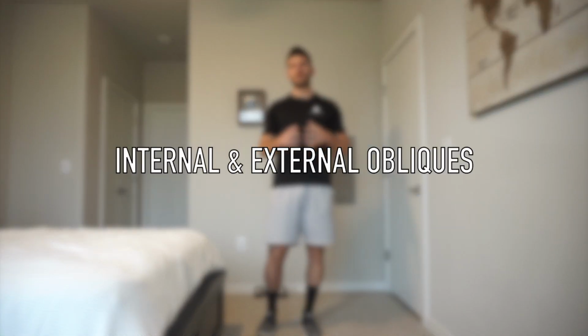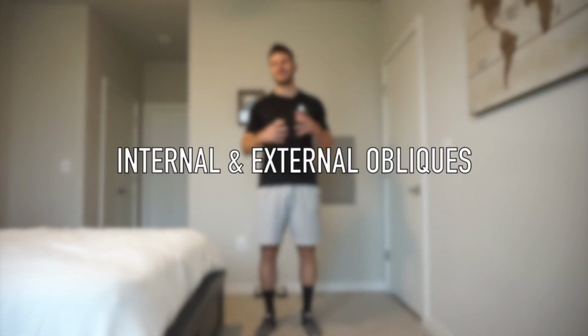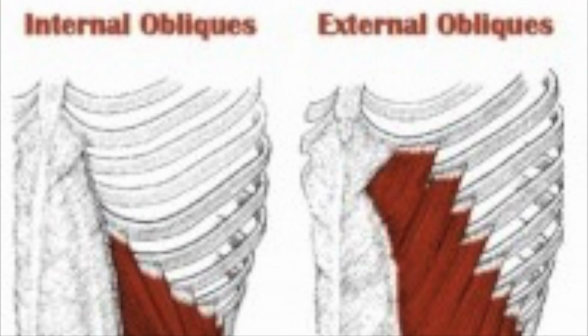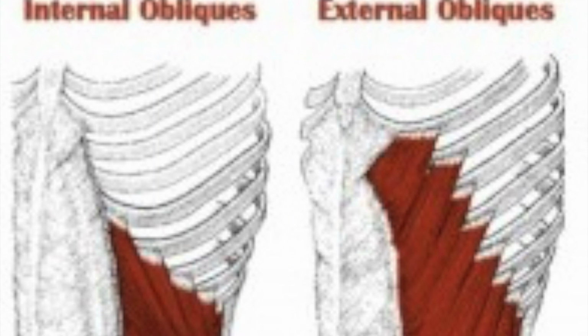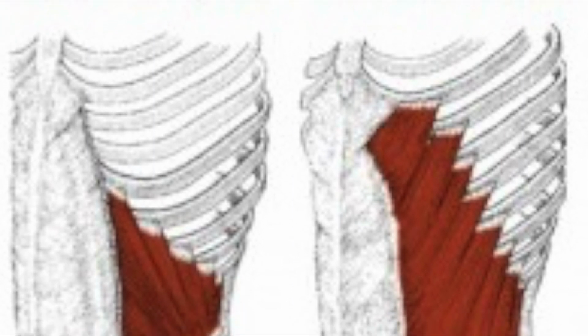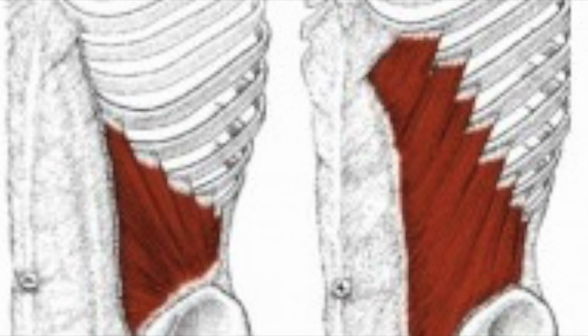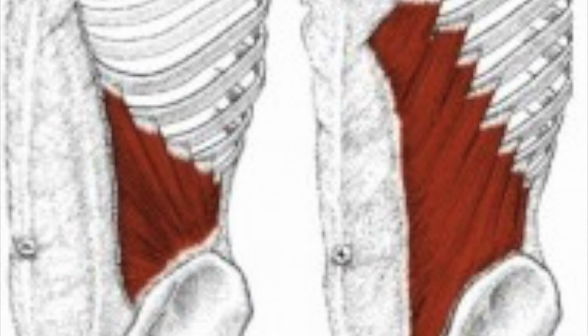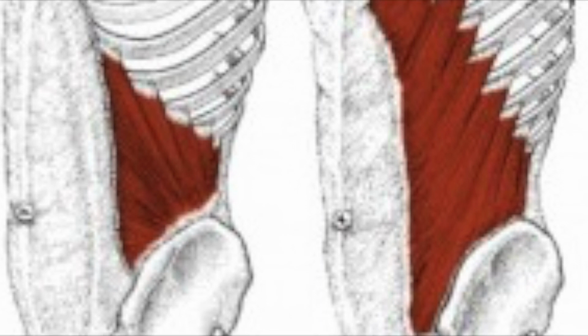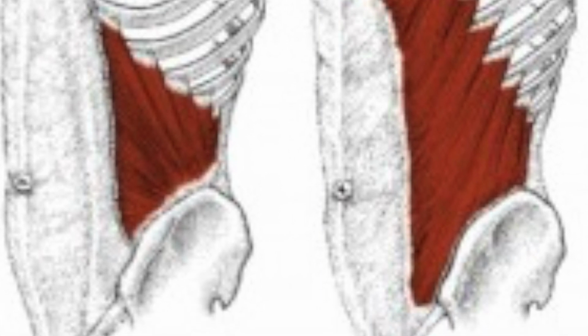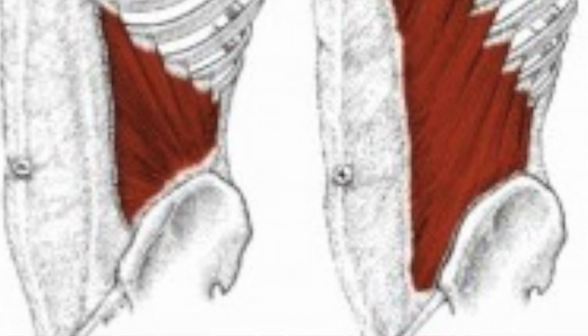The second one we're going to look at is the internal and external obliques, and these are the ones that are on the side, but they have a crisscross pattern. Yes, we want to see them from a physique aspect, but from a training standpoint we want to make sure that these are strong, and they're primarily used when we do any form of rotational work.